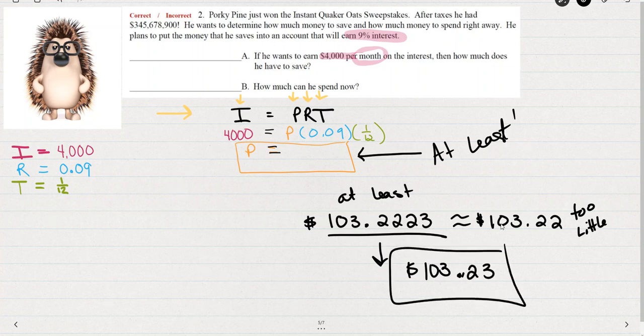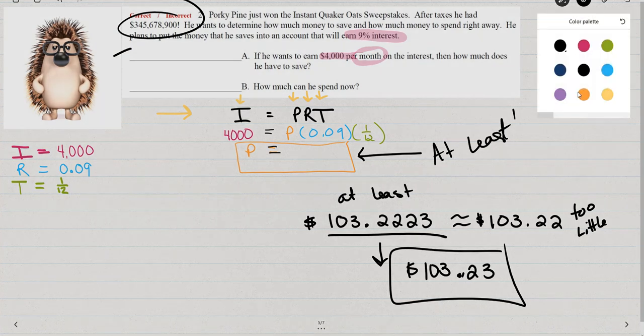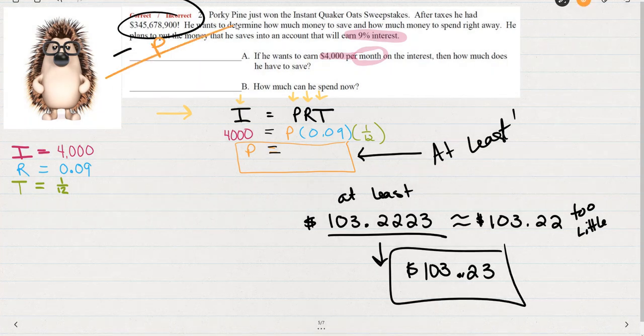So make sure when you get your final answer that you round up. And then if you want to know how much he can spend, we'll simply take how much he has, 345 million, and subtract that principal amount to get how much he can spend on his big shopping spree now.